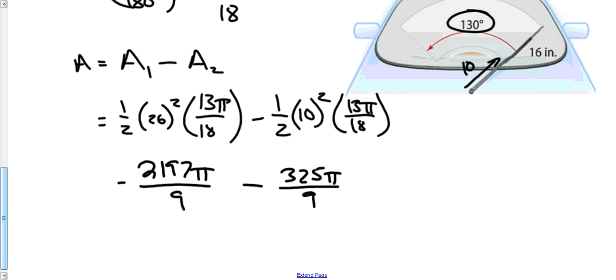And then calculate this out. We get to be 208 pi, which is going to be equal to 653.5.